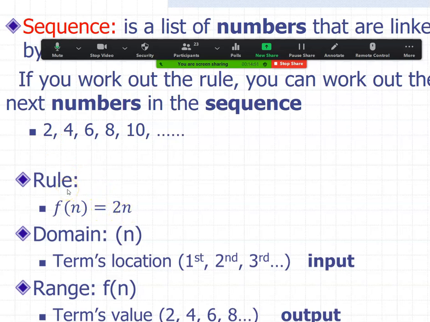So that's the pattern. And this would be more of an explicit rule, and I'll talk about explicit and recursive in the next slide. But let me show you what I'm talking about here.